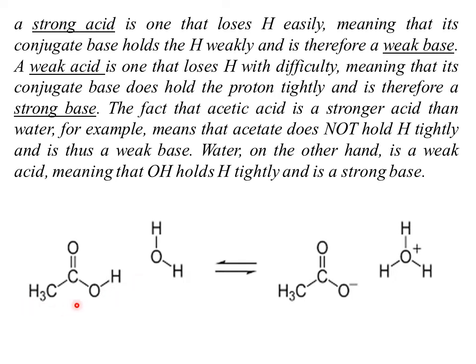Okay, so the acetic acid here is a stronger acid, therefore its acetate ion, the conjugate base, is a weaker base. Stronger acid, weaker base. Water, on the other hand, is a weak acid, meaning that its OH holds the hydrogen tightly and is a stronger base.